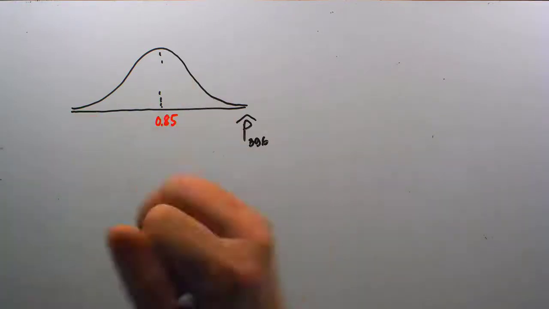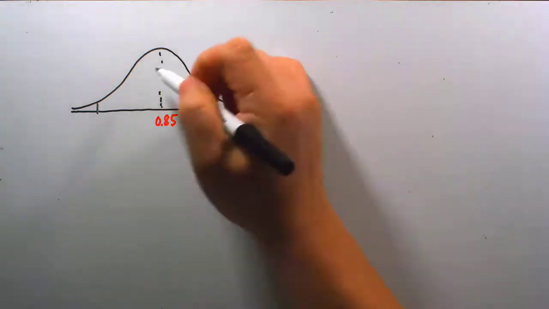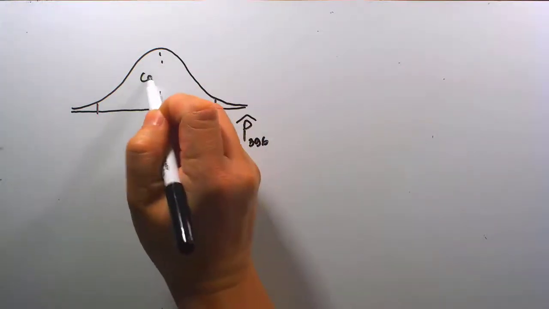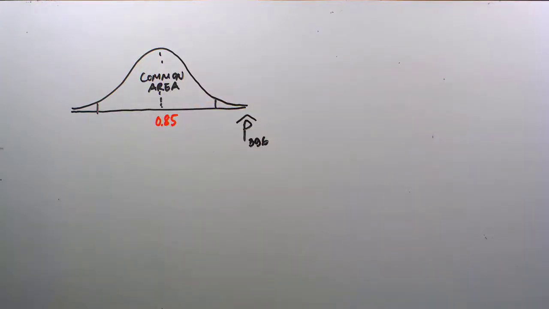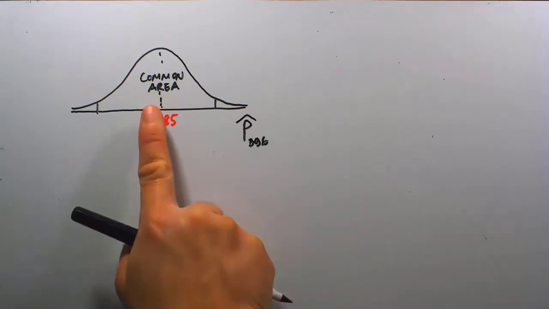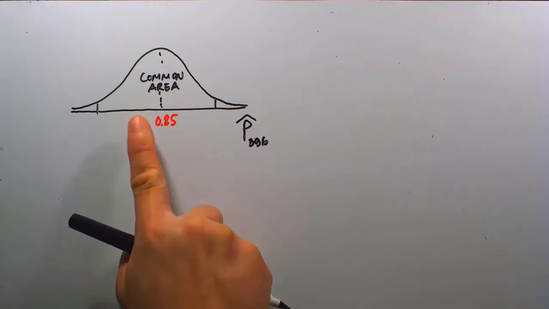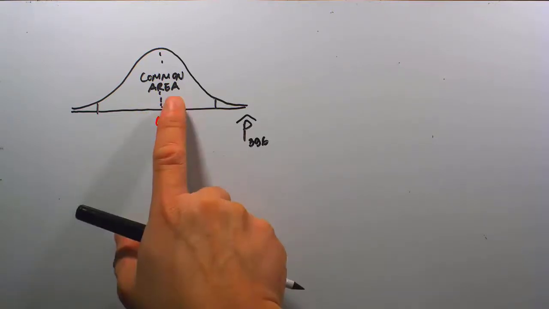On this bell curve, there is what I call the common area. Any bell curve has a common area, and what the common area means has been explained in the earlier part of the video where I explained the steps in example 1.